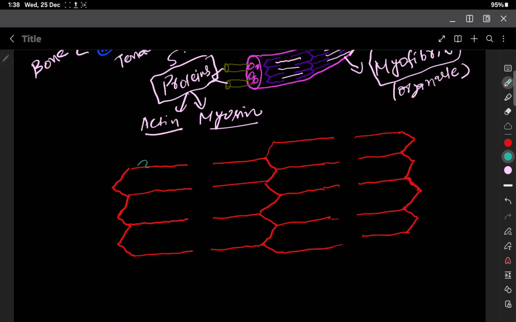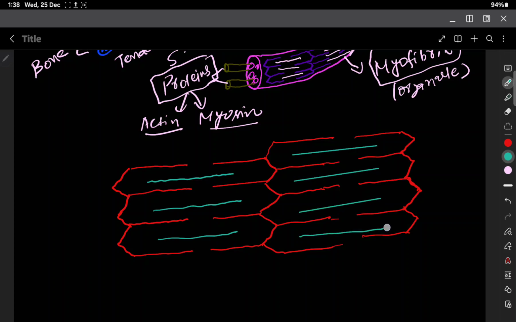These parts are called the actin, and inside the actin there will be the presence of myosin. So these are the actin and the myosin filaments. This one present here is called the actin.